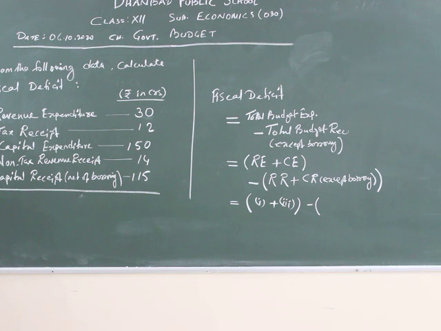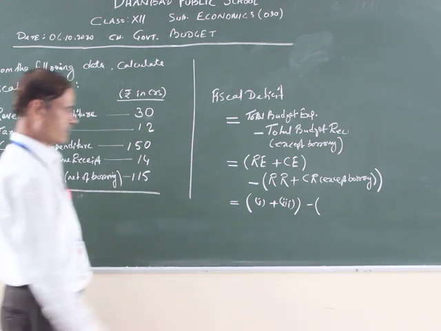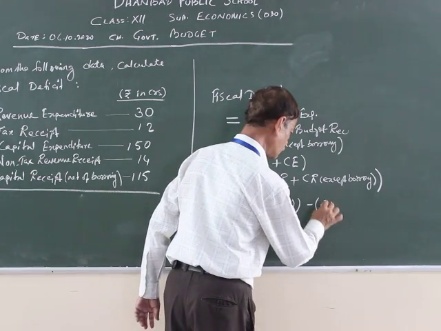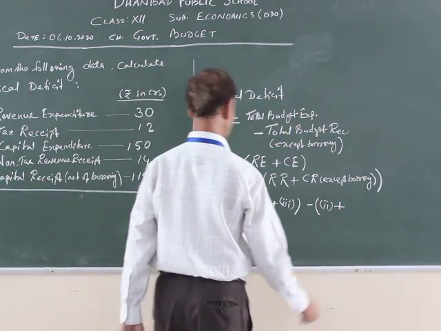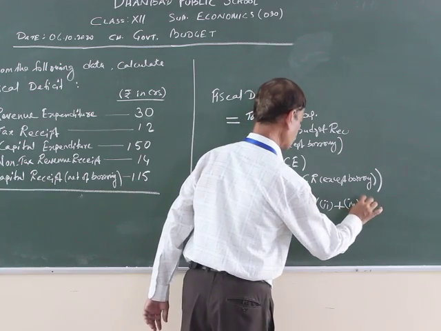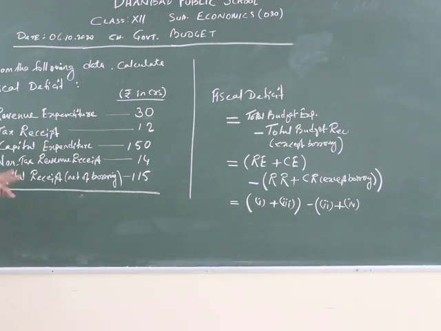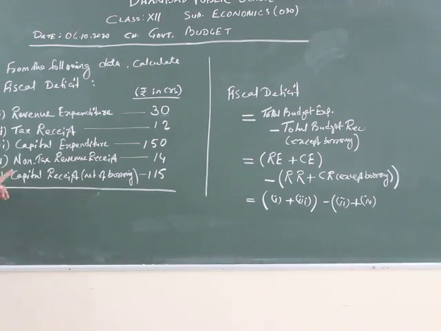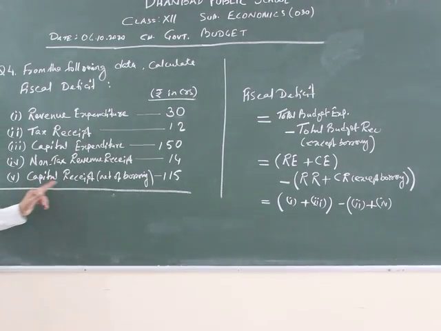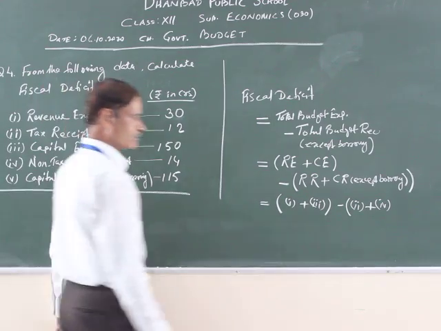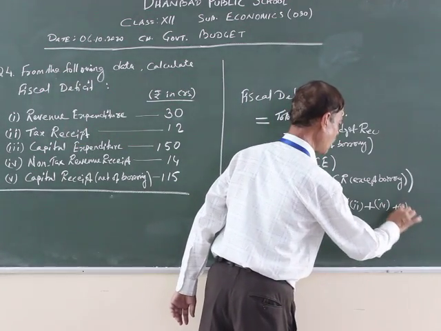So how much is the revenue receipt here? As per the items given, the revenue receipt will be the sum of tax receipt as well as the non-tax revenue receipt, that is to say item number 2 plus item number 4. To this we have to add the capital receipt except borrowing or capital receipt net of borrowing, which is item number 5.